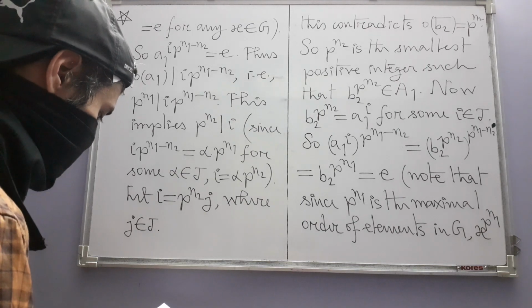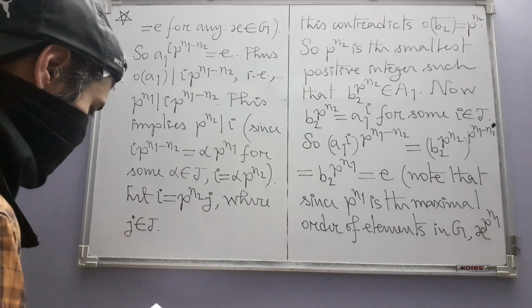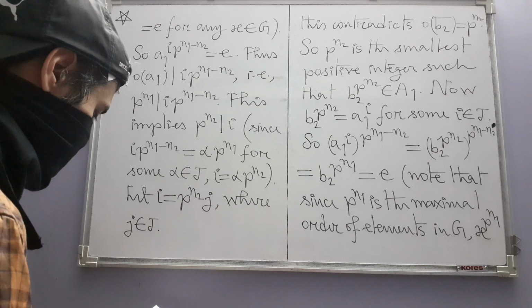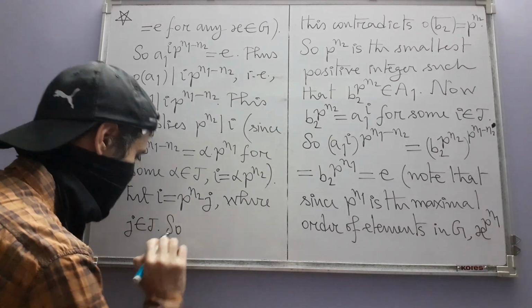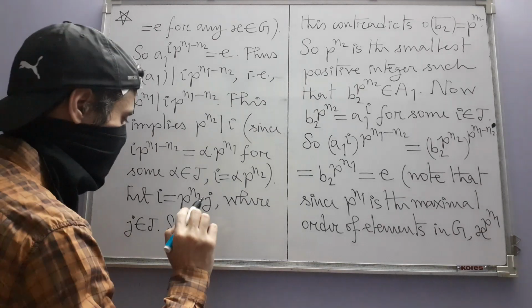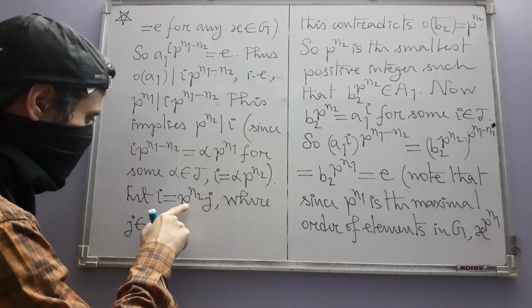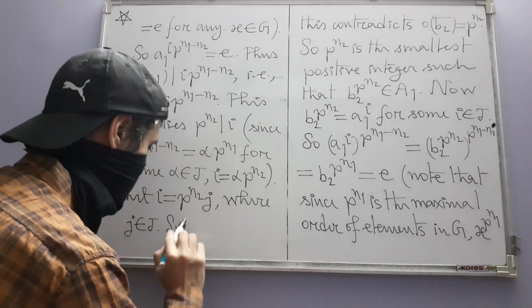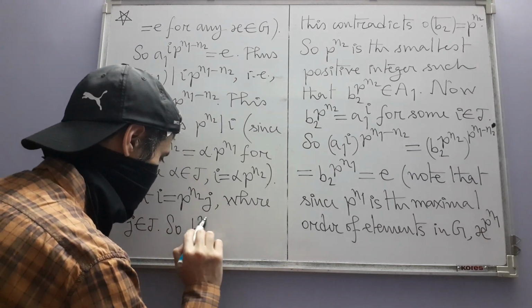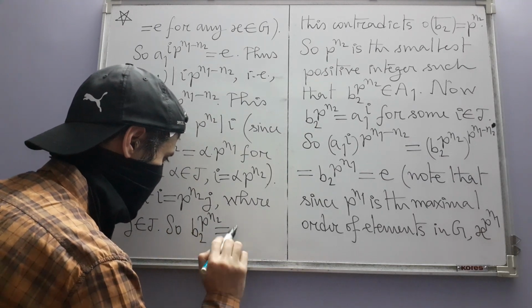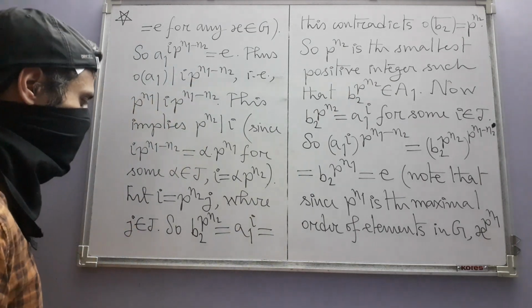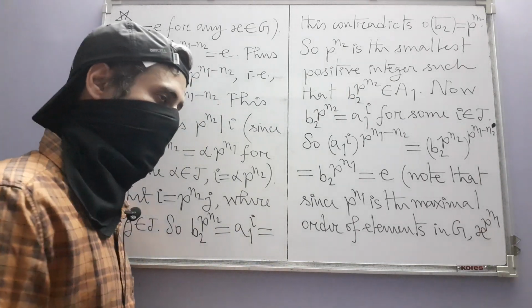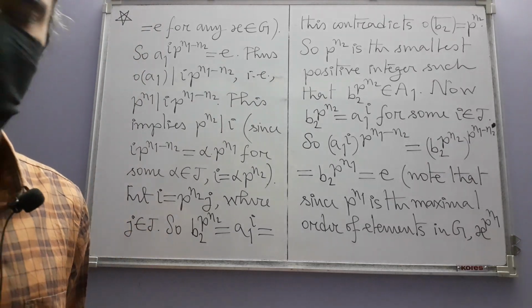All right. Okay. So, now that we have something to write in place of I, let's see what happens to b2 to the power p to the power n2. It is a1 to the power I, and that now becomes a1 to the power p to the power n2 times j.